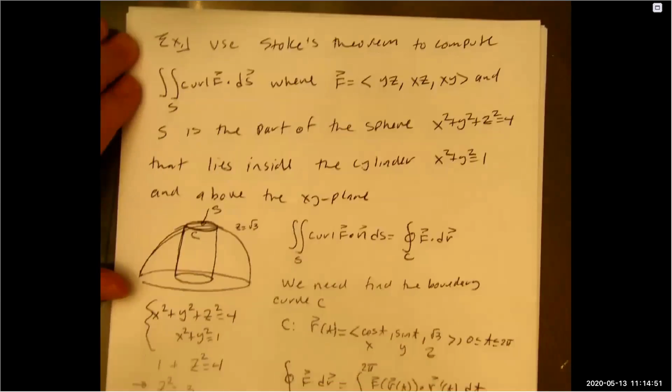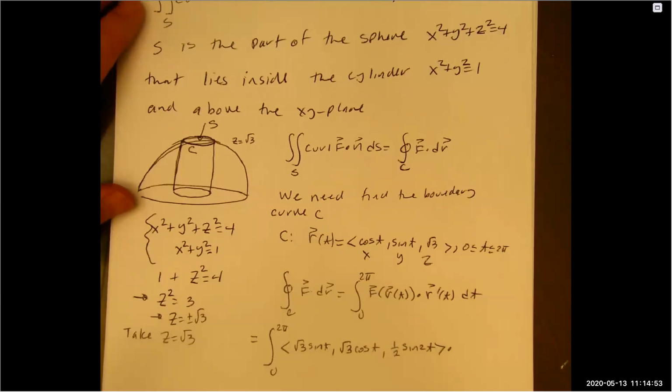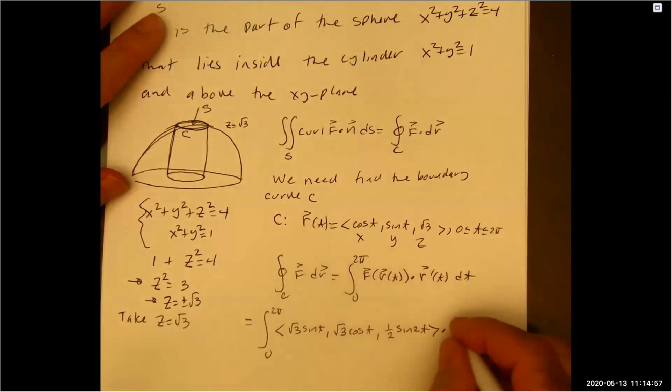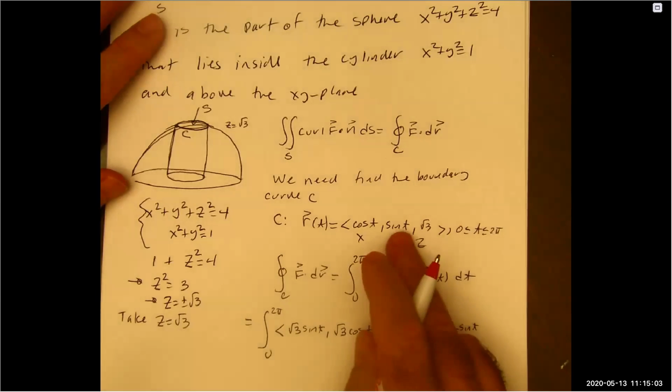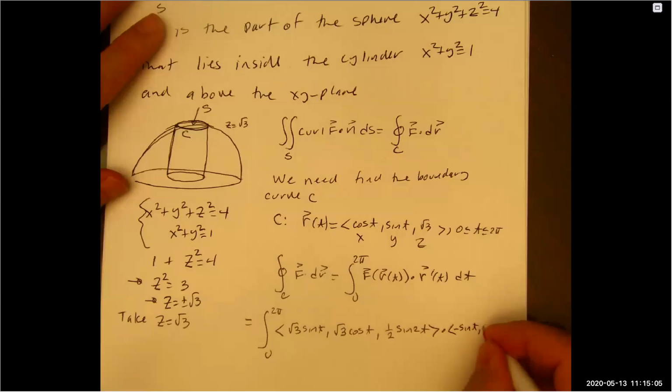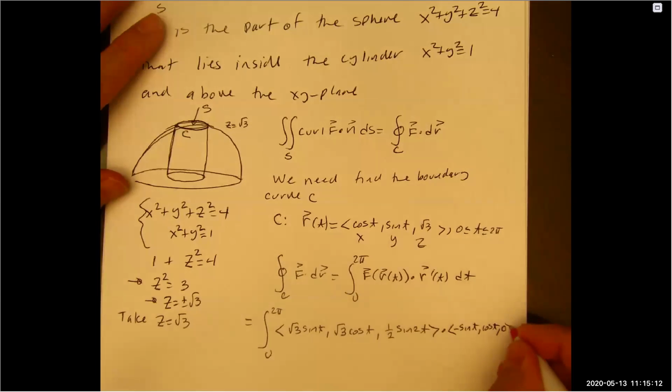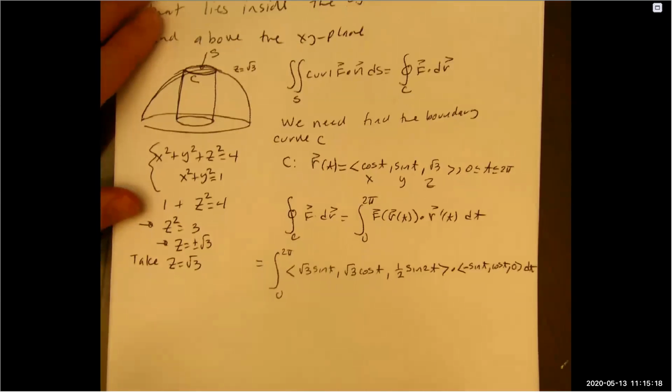And then I'm going to dot this with the derivative of my vector function, which is going to be minus sine. And then the derivative of sine is cosine. And then the derivative of root 3 is 0. And then dt. So we're going to do that dot product.